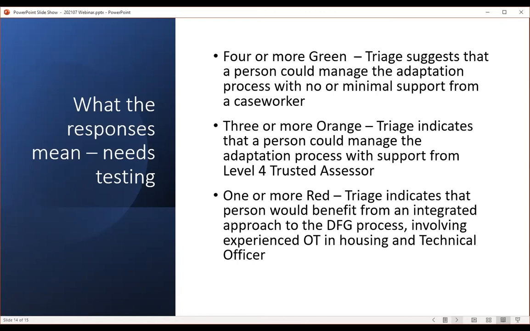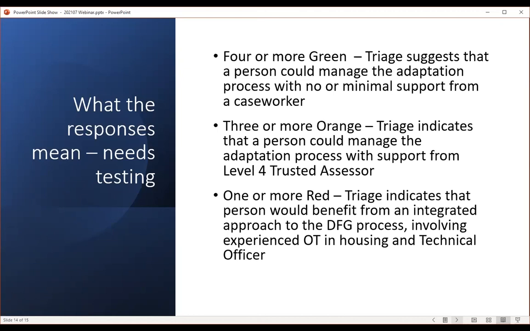Where perhaps we're getting 3 or more orange flags, then that probably indicates where somebody needs a more targeted approach. So it could perhaps be managed by a technical officer, or the OT, as long as we've got that level 4 trusted assessor input.